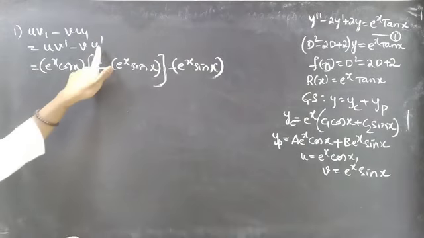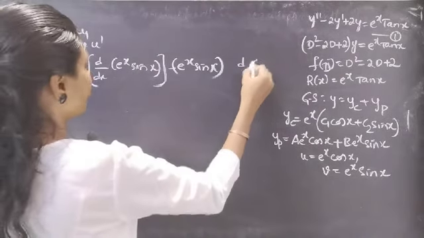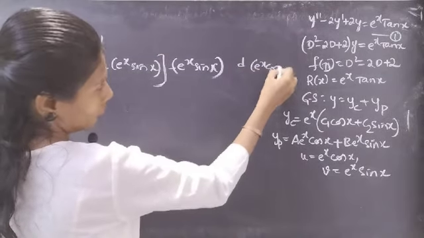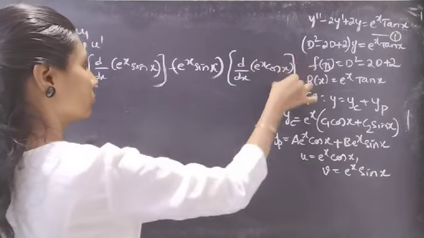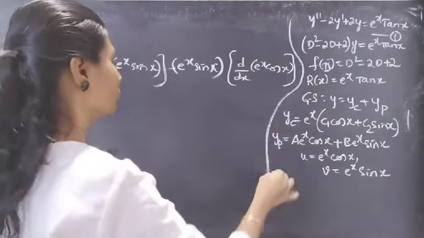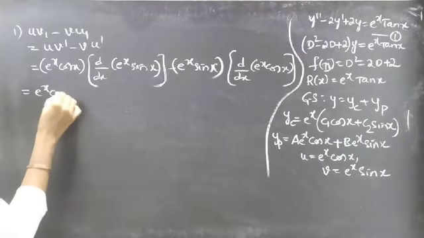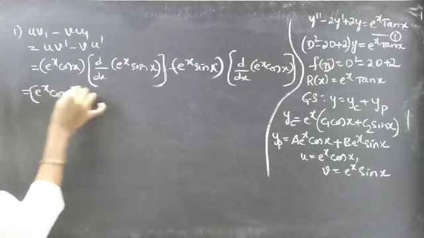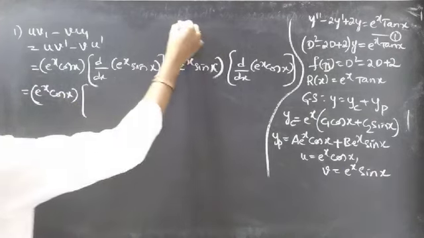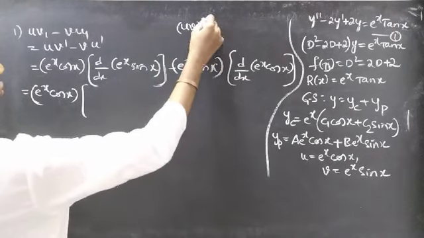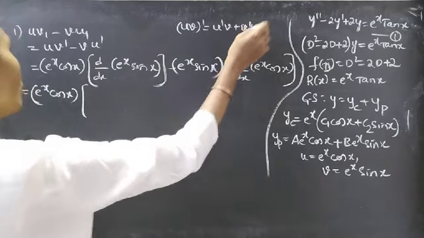U dash is nothing but derivative of u with respect to x. This is equal to e power x cos x into, let's apply uv whole dash formula, since we know that uv whole dash equals u dash v plus v dash u.